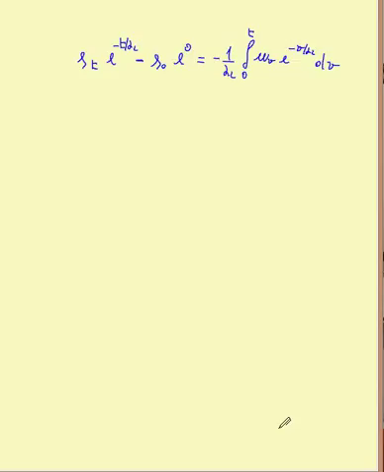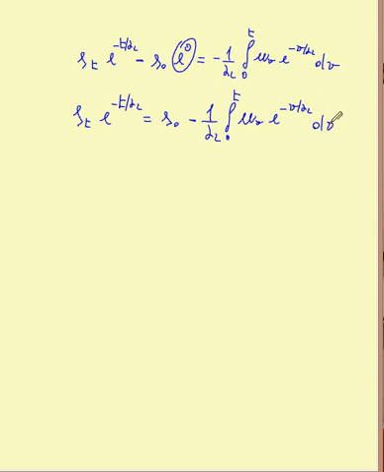Okay, perfect. So the solution of this exchange rate, try to understand this point. The solution will be st e to the power of minus t over alpha 2. This is 1, okay? E to the power of 0 is 1. So it's equal to s0 minus 1 over alpha 2 integral between 0 and t omega v e to the power of minus v over alpha 2 in dv.